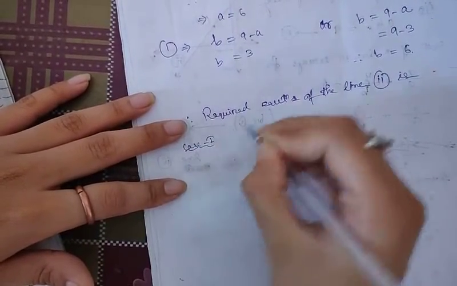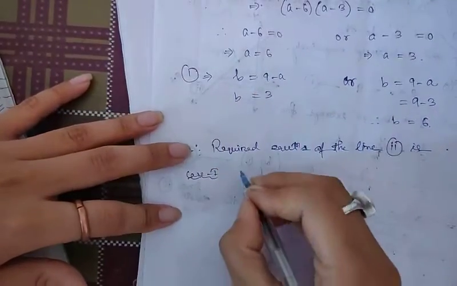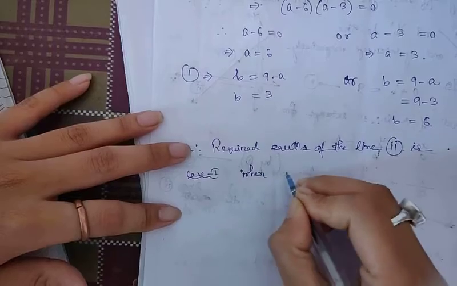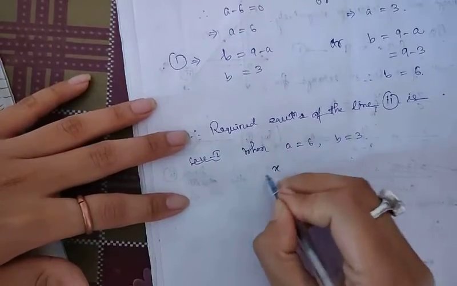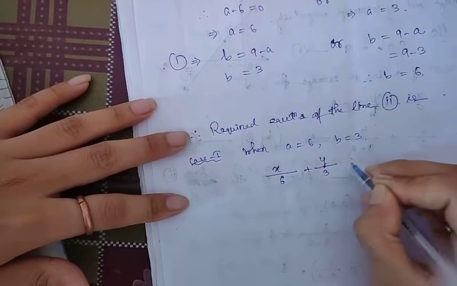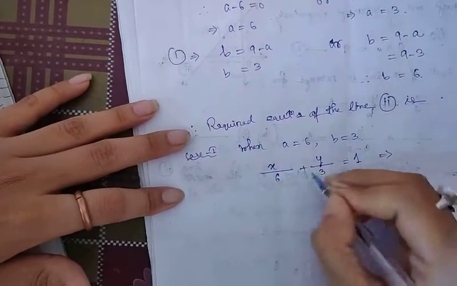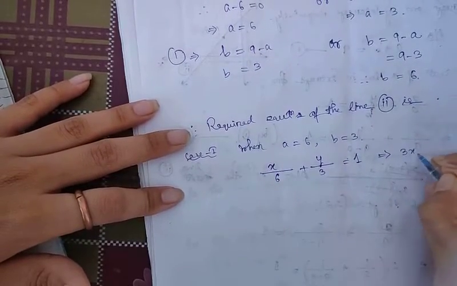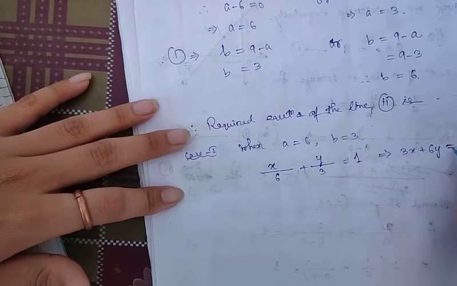Why case 1? Because we have two different pairs. Case 1: when a equal to 6 and b equal to 3, then x by 6 plus y by 3 equal to 1. You can keep it as it is, or you can take the LCM and simplify: x plus 2y equal to 6.